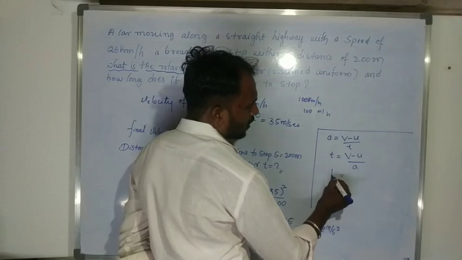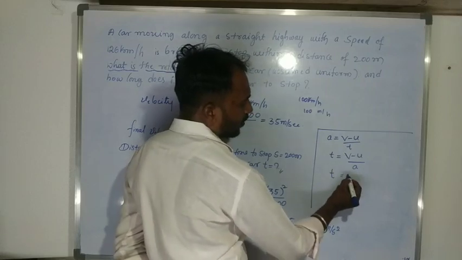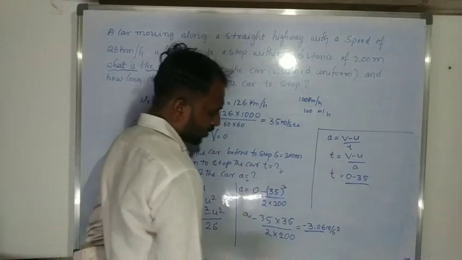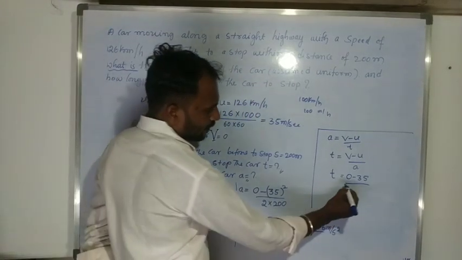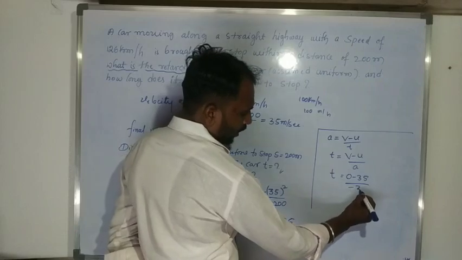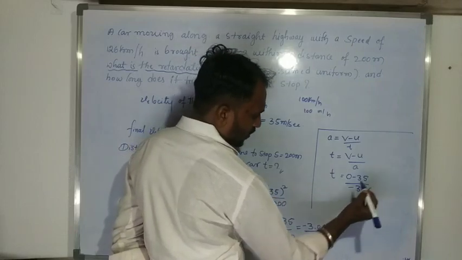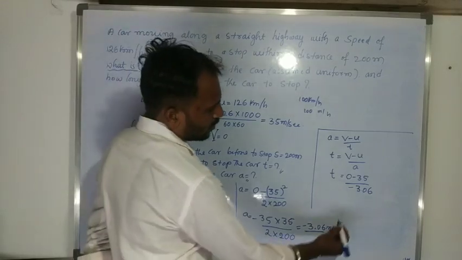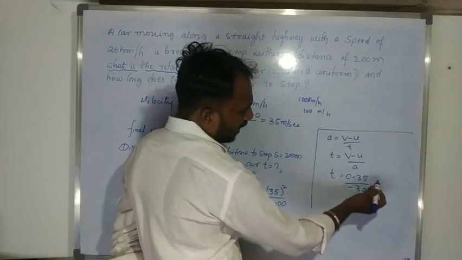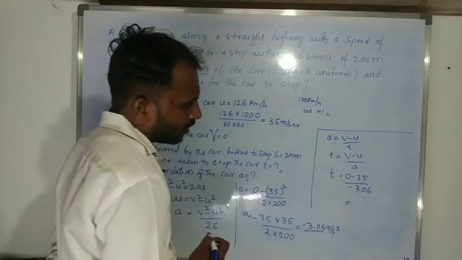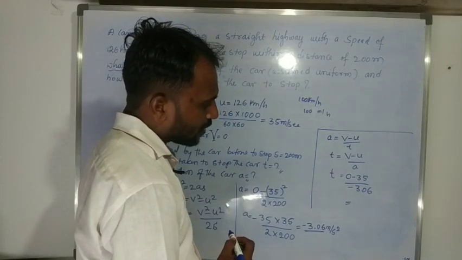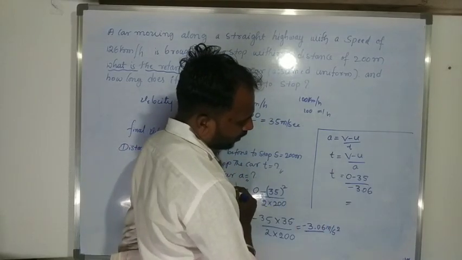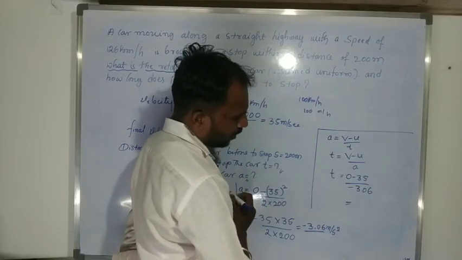So time t, final velocity of the car 0 minus 35 divided by the retardation value minus 3.06. So minus 35 divided by minus 3.06.